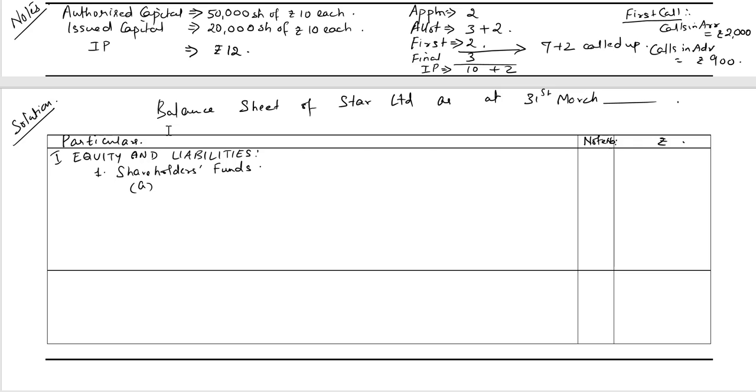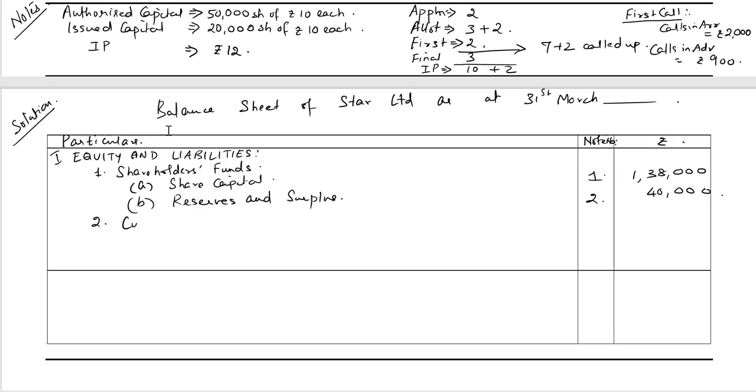Under that we have A, share capital. Against note 1, the amount of share capital to be shown in the balance sheet, 1,38,000 rupees. Under B, we have reserves and surplus. The amount of securities premium reserve shown against reserves and surplus as per note 2 is 40,000 rupees.